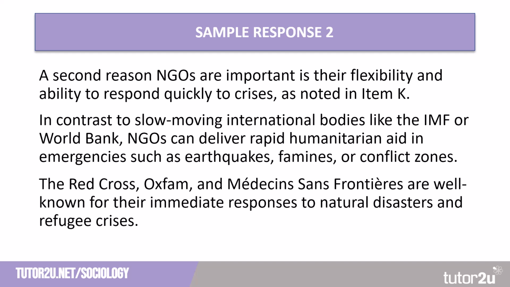Again, there is a link to specific examples. So the Red Cross, Oxfam, and Médecins Sans Frontières are well known for their immediate responses to natural disasters and refugee crises.